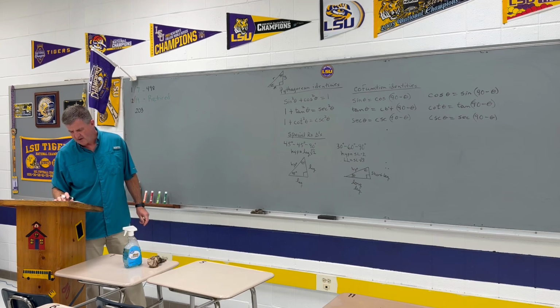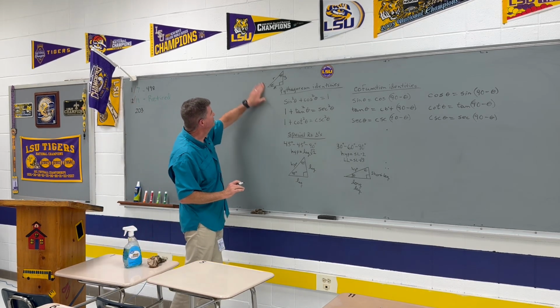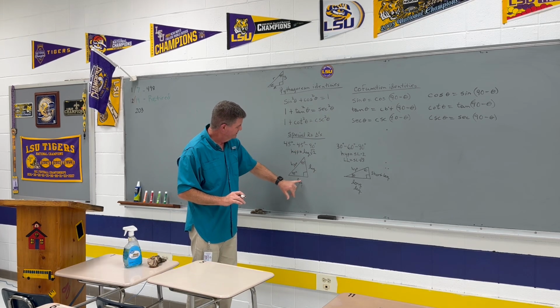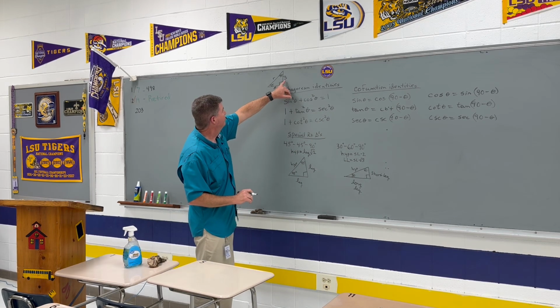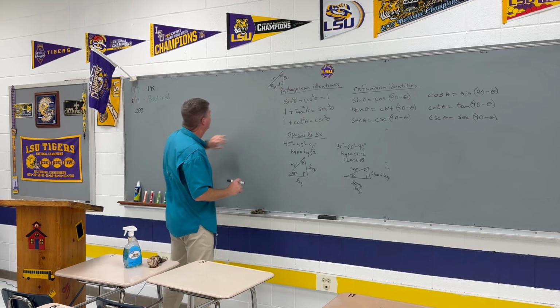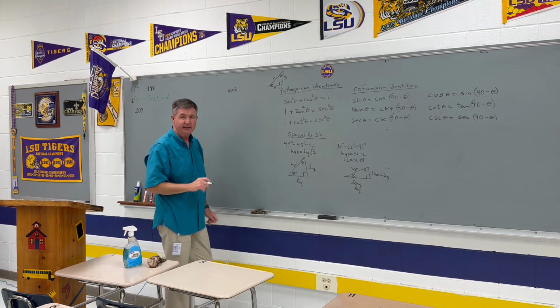One is listed as an R, one is listed as an X. The first thing we should know is with a 45, 45, 90, the two legs are the same size. So 3 happens to be a leg. Therefore we know automatically that X equals 3, because it's the other leg.